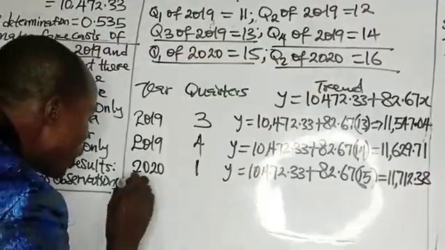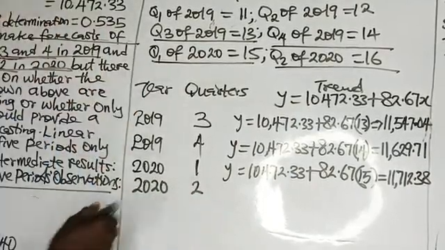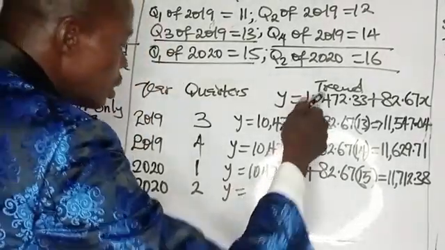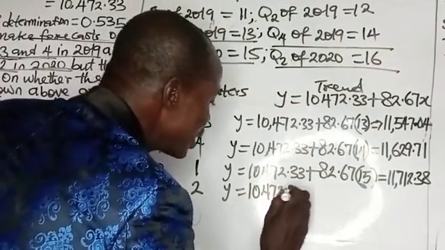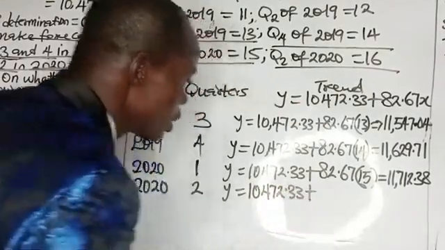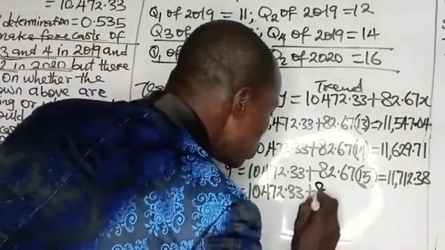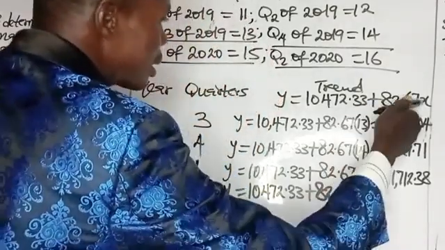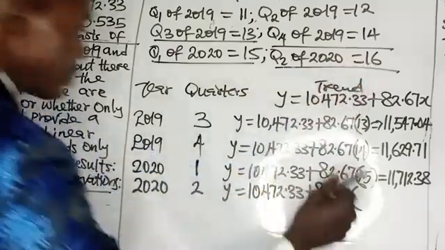Same year 2020, we have the second quarter of 2020. So y equals 10,472.33 plus 82.67 multiplied by x. And the value of x for the second quarter of 2020 is 16.